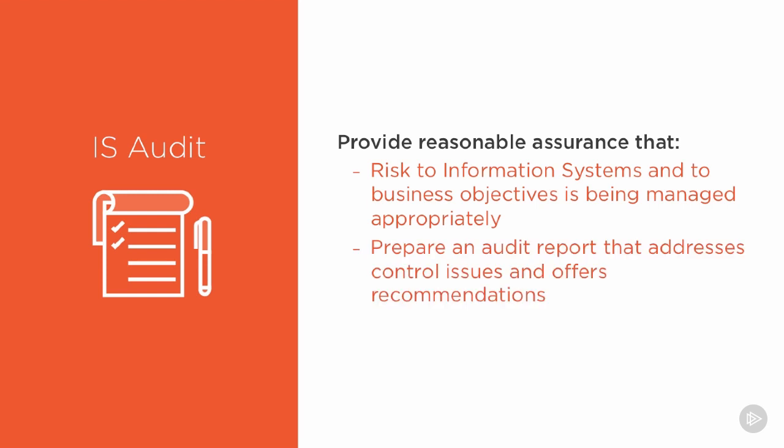At the conclusion of the audit, we will prepare an audit report that addresses control issues and offers recommendations to management on what could be done to improve the effectiveness and appropriateness of our information systems operations and controls.